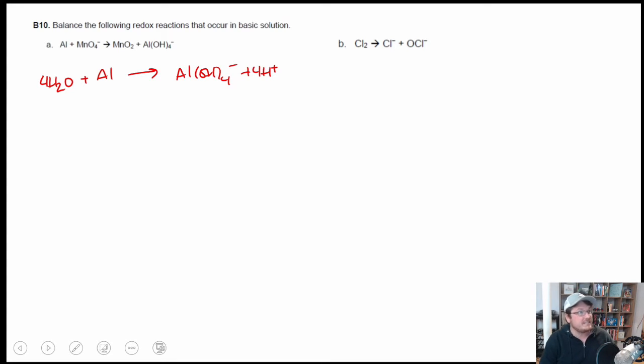So now we're almost at the end of what we would do for the acidic part. The last thing we would have to do in that case is add in the electrons, but we don't have to do that yet. The next thing we do is add in the same number of hydroxide ions to both sides as we need to neutralize the H plus on one side. On the right side we have 4 H plus, so we add 4 OH minus to neutralize that, and then we add 4 OH minus to the reactant side.